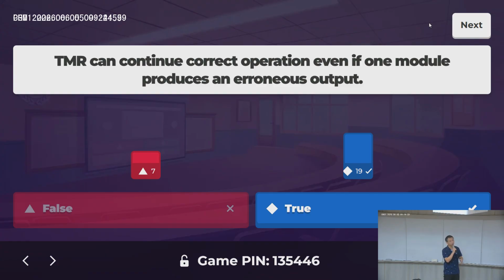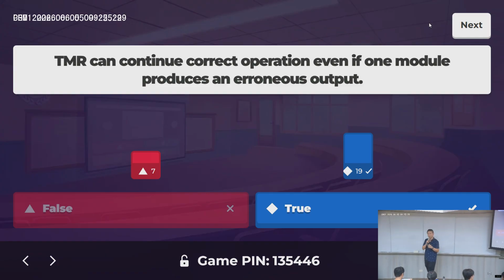So we will choose the majority of the results among the 3 copies of the module. So as long as the majority of the answers come from at least 2 of the 3 copies of the module, then even though we have 1 faulty one, the other 2 of 3 can still dominate the outputs. That is the idea of TMR.